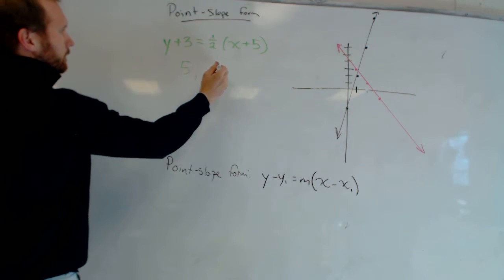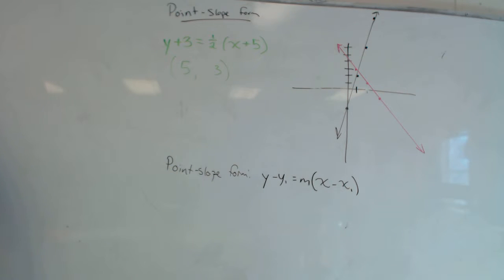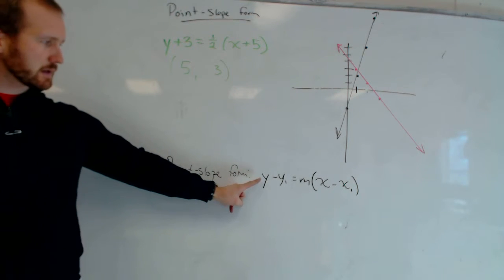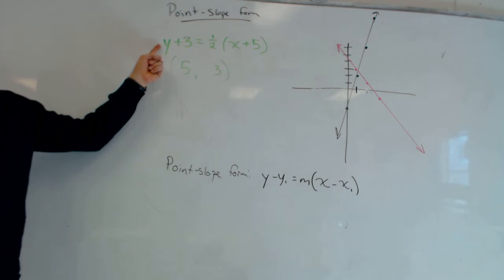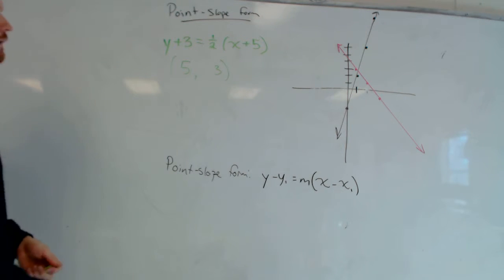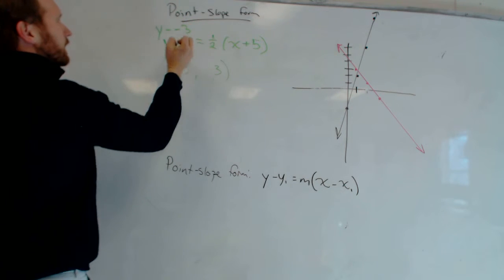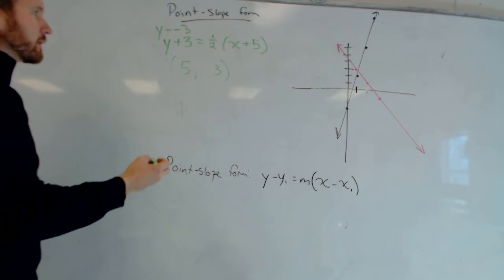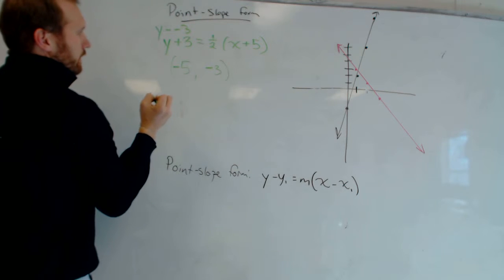Would it be (negative 5, negative 3)? Let's compare it to this equation. The formula says y minus y1. But it's not. So I have y minus what? Minus negative 3. Right? Y minus negative 3 is y plus 3. So yes, my point is (negative 5, negative 3).